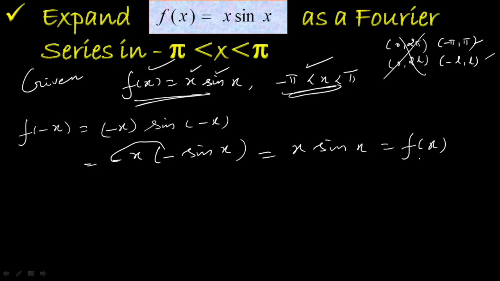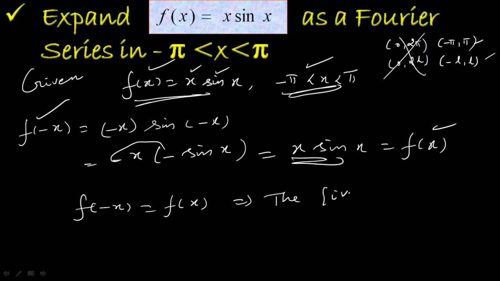So x sin x is nothing but your given function. So we get f of minus x equal to f of x, which means the given function f of x is an even function.